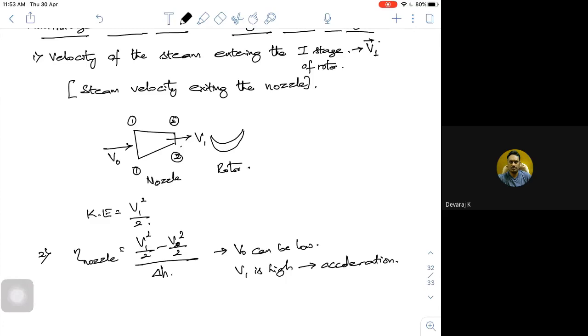And one more thing, in multi-staging, what we have is something called the blade efficiency. The blade efficiency will be for the first stage, the blade efficiency for the second stage and so on. What we look at there is the gross stage efficiency.